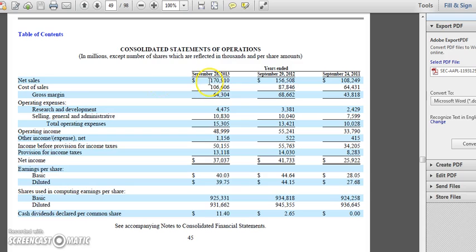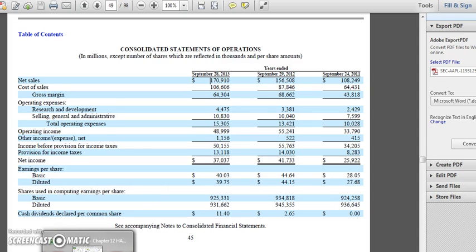Well, we've got their net sales up here, 170,910. Now this is expressed in millions, so it's, I guess, 170 billion. And then their net income is right here, 37,037. Now let's take those numbers and plug them into a spreadsheet.